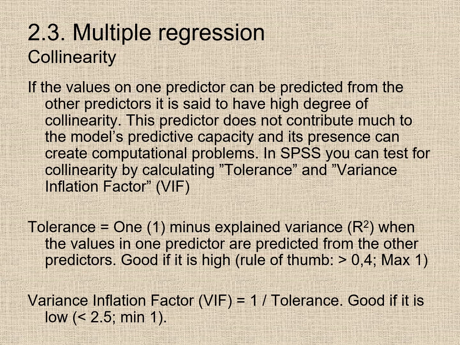Tolerance is 1 minus that R-square value. So it stands for how much of the information in the predictor cannot be explained by the other predictors. How do we want that value to be? High. It's simple to remember. We like tolerance, so we want it to be high. And it can maximally be 1, which means that the predictor is completely independent of the other predictors.